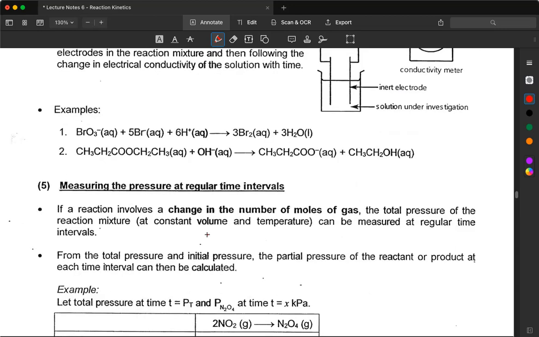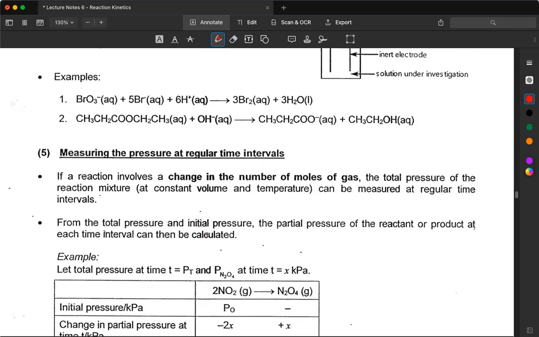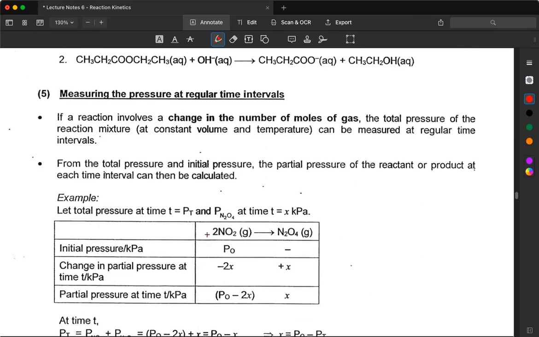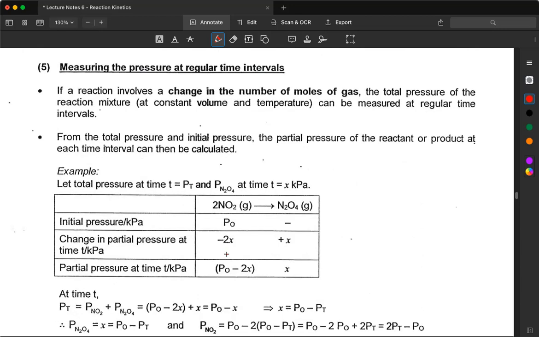Or you can measure pressure, which must involve gas. So you can measure the total pressure in this method. For example, NO2 becoming N2O4. So there's an initial pressure, but there's a change in partial pressure. Because it's 2x, so minus 2x here, plus x, so P0 minus 2x, x.